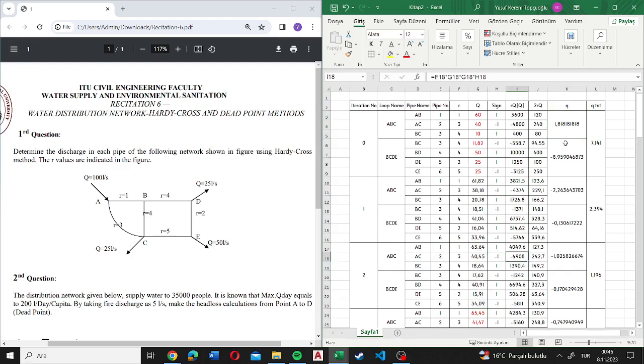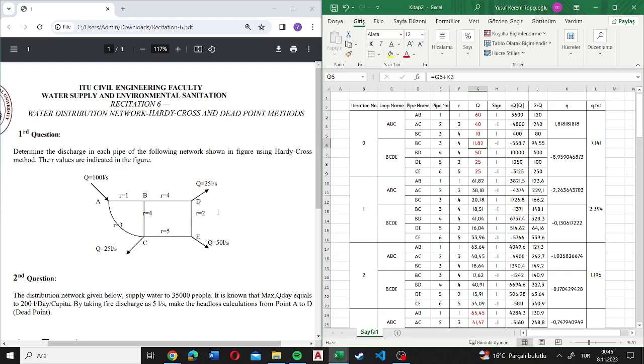After defining 1.82, we add this value to BC. Why BC? Because BC is the common pipe for our first loop and our second loop.